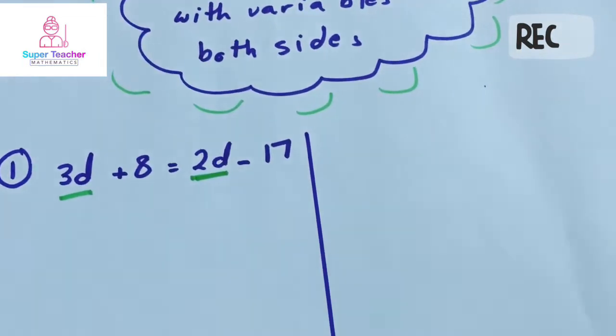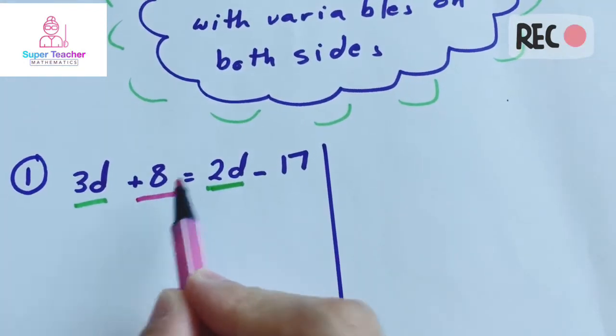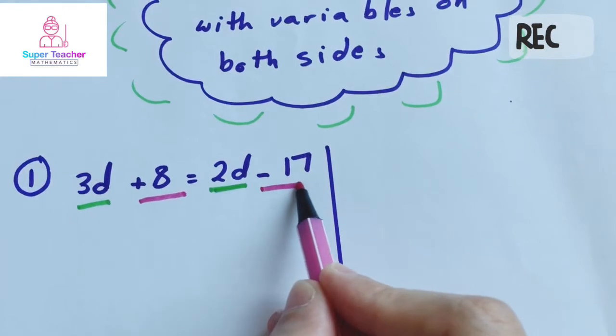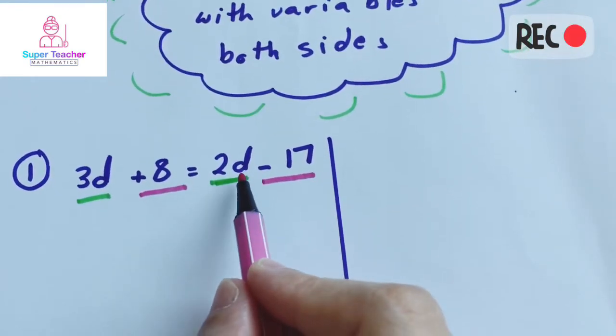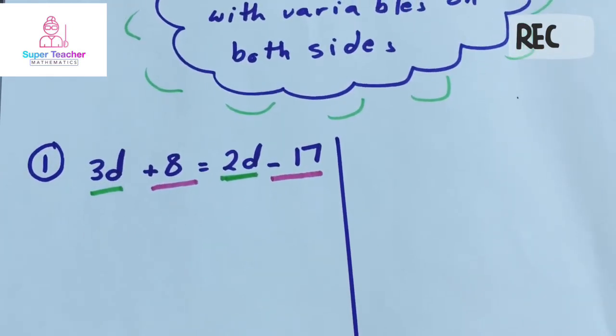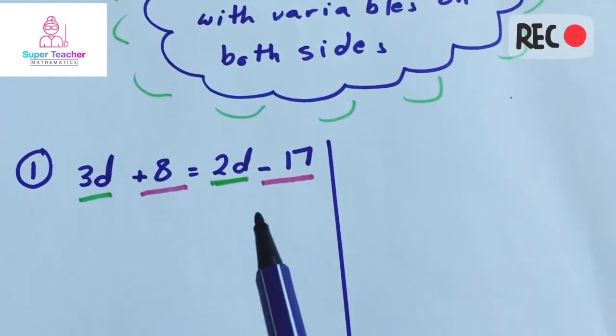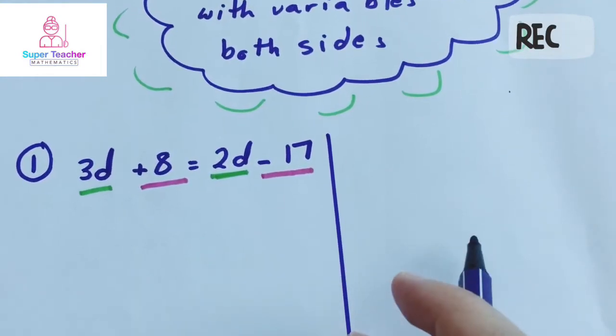Now my job is to keep the numbers together and the variables together, but you have to take the number with its sign, and the variable with its sign. I cannot solve this equation if I don't keep the variables together and the numbers together.